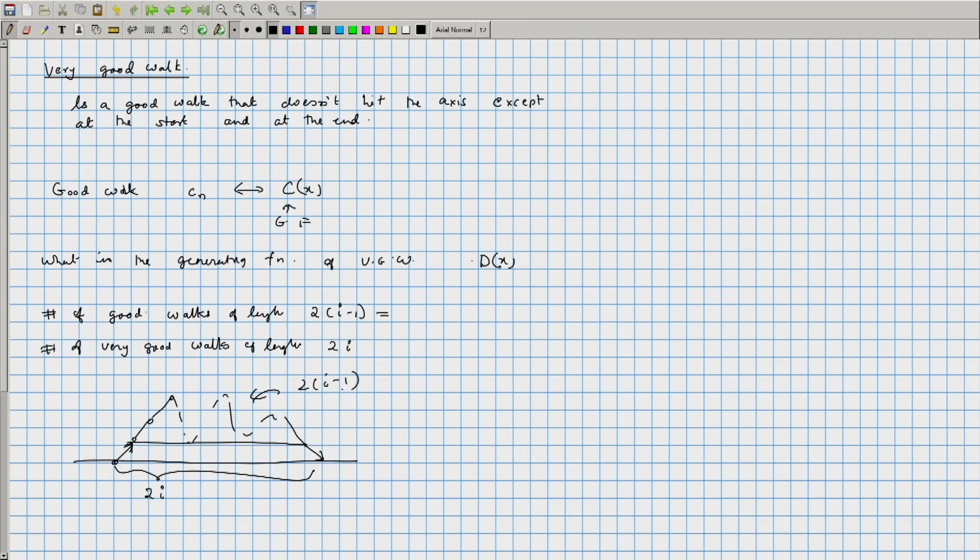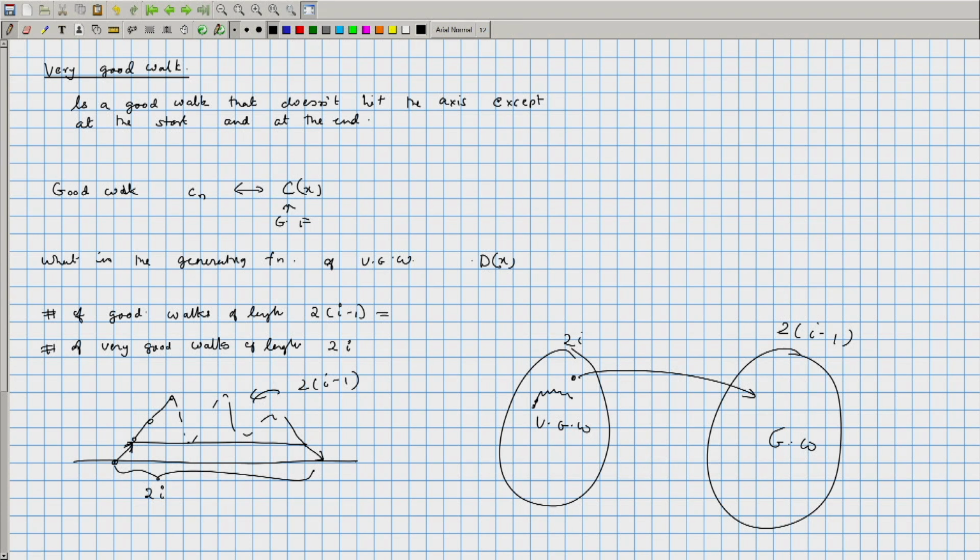Okay. So, if we look at the set of all very good walks of length 2i and all good walks of length 2 times i minus 1, we can have a 1-to-1 correspondence. Take a particular walk and strip it of its first and last moves.